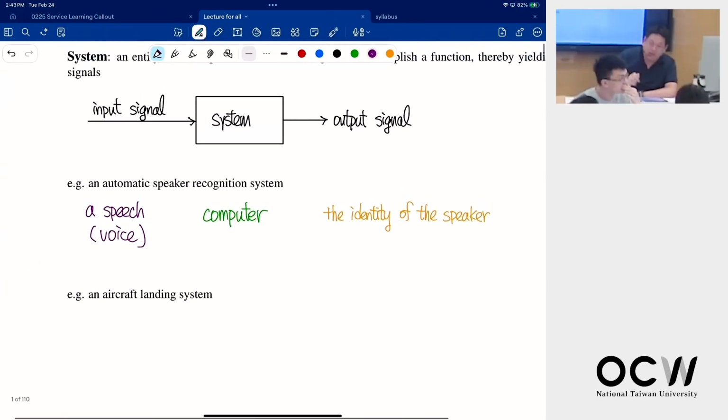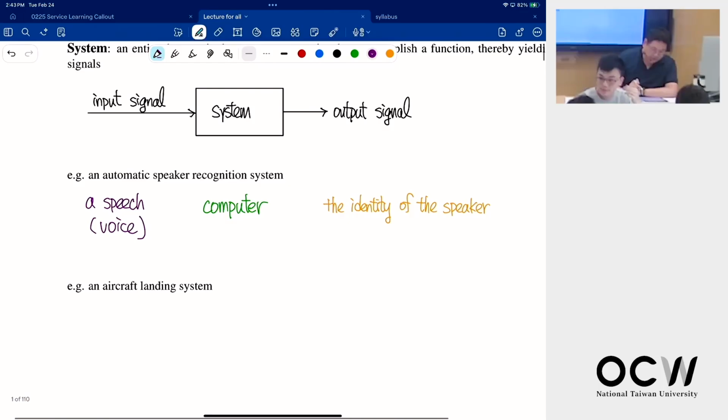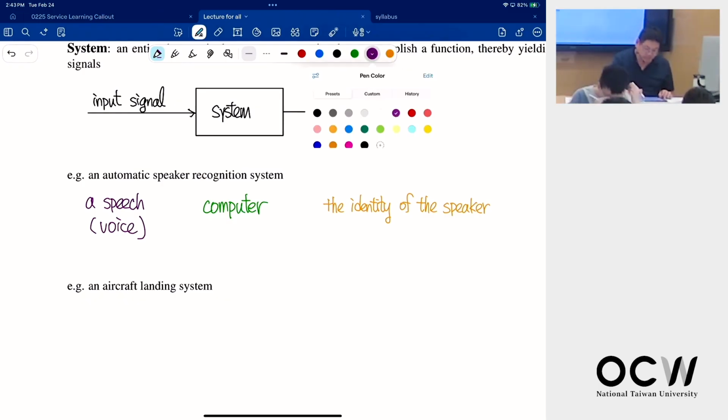All right, another example, how about an aircraft landing system? This system can guide the aircraft or the airplane to land successfully. So what is the input signal? What could the input signals be?